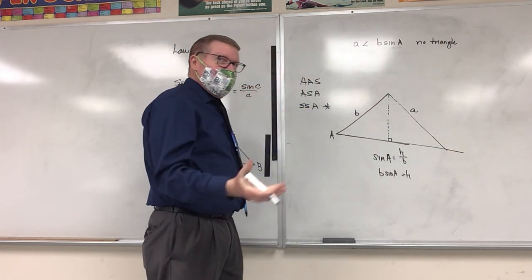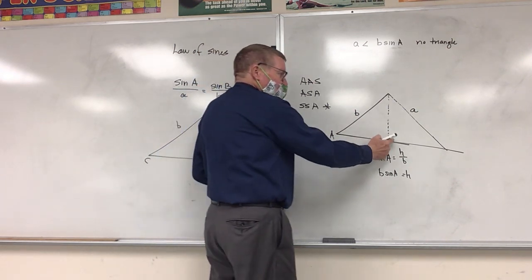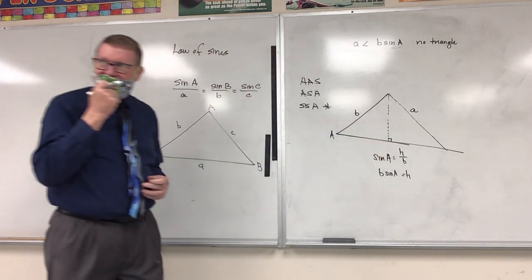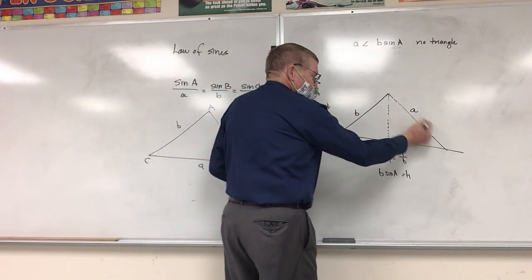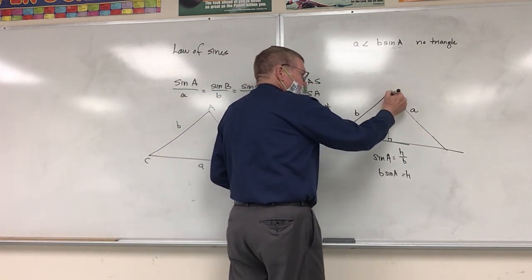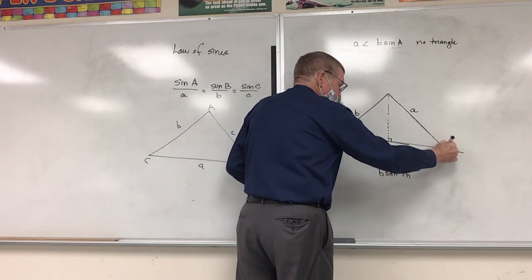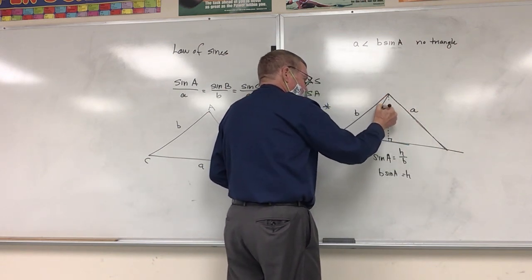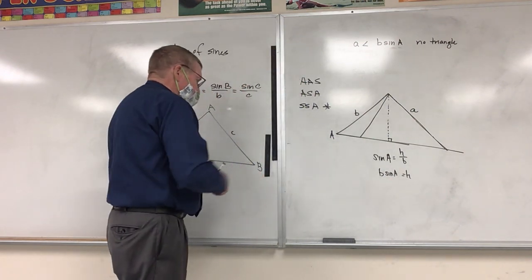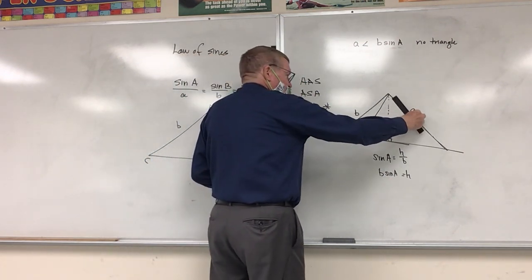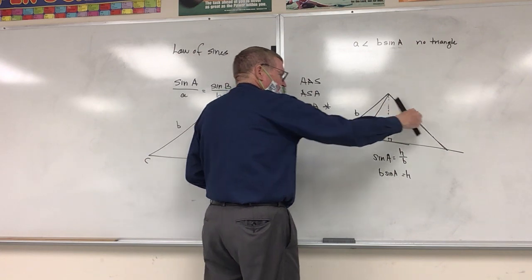And we know by a right triangle, if this is my right angle, my hypotenuse is always the longest side, correct? So it's going to connect someplace out here. It could connect here, or it could connect here. This side could go here, or it could go here, one or the other.